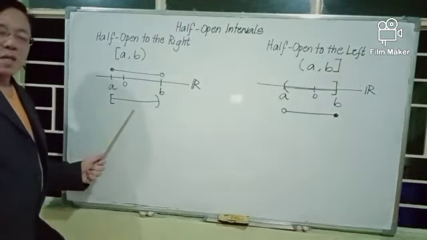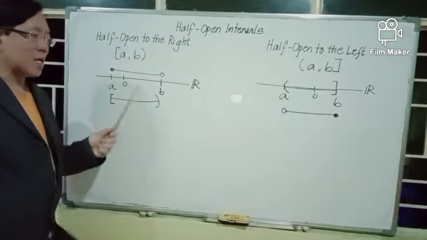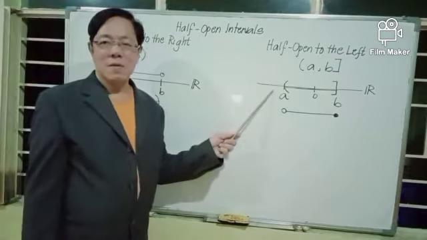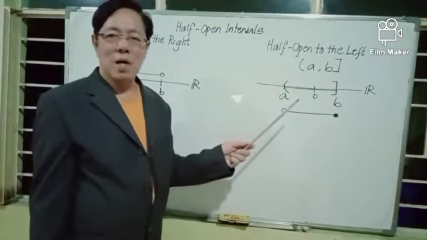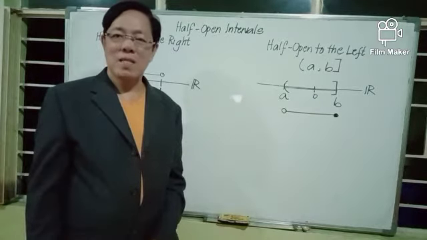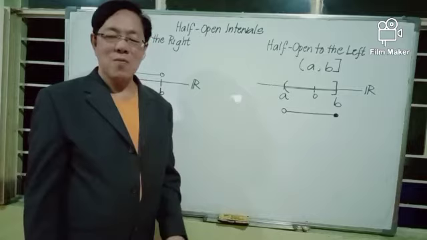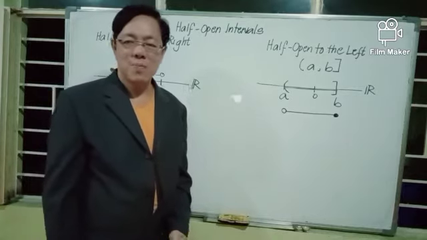This is the graphical representation of the interval half open to the right, and this is the graphical representation of the interval half open to the left. Now we will take examples of solving linear inequality in one variable.